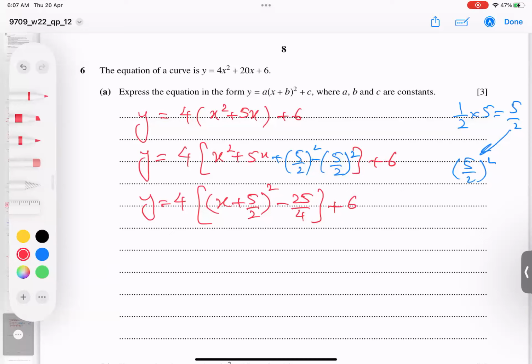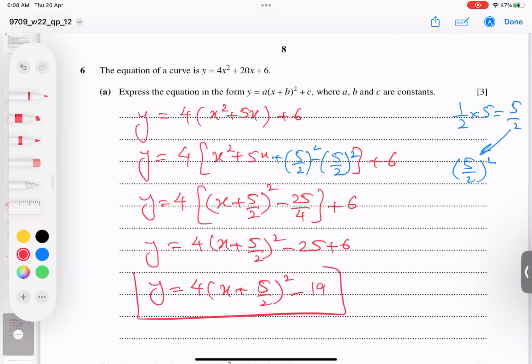I hope you're understanding. Now this 4 multiplies here and multiplies with that. So y equals 4 times x plus 5 over 2 whole squared. And this 4 will multiply 4, cancel out 25, plus 6. And finally, I'm getting the answer x plus 5 over 2 whole squared minus 19.